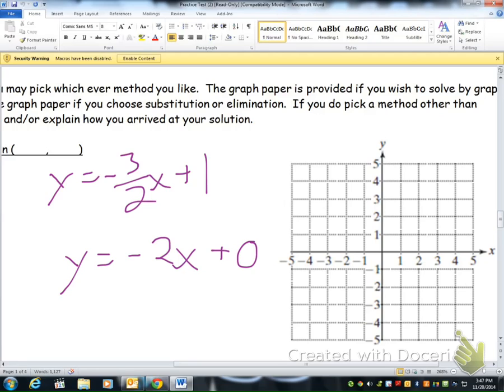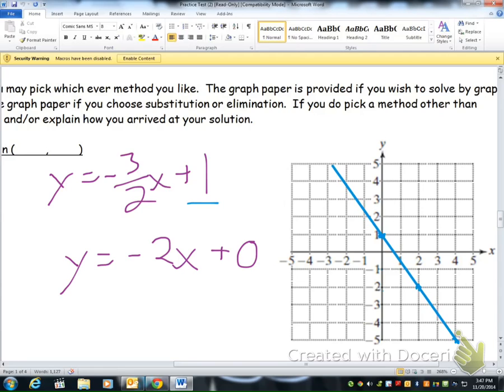So graphing the first of these two equations that I've written down, I've got a y-intercept of 1 and a slope of negative 3/2. So I'm going to go down 1, 2, 3 and run 1, 2, and that puts that point on my line. And if I do it again, down 1, 2, 3 and to the right 1, 2, then this point's also on my line, and then I can connect them.